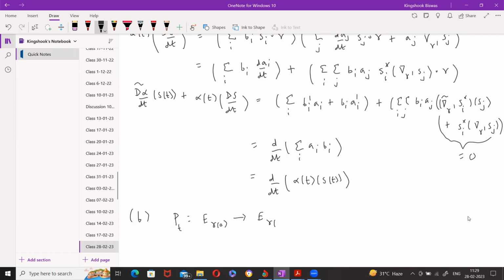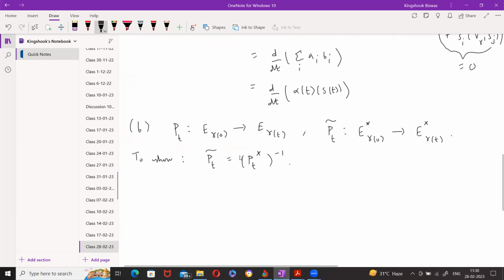So let me call PT, let's say, the parallel transport from gamma 0 to gamma T. And let me call PT tilde the parallel transport for the dual bundle, so E star gamma 0 to E star gamma T. So you have to show that PT tilde is equal to PT star inverse.